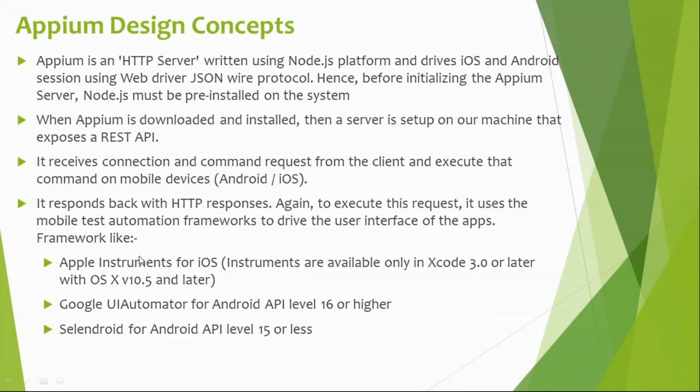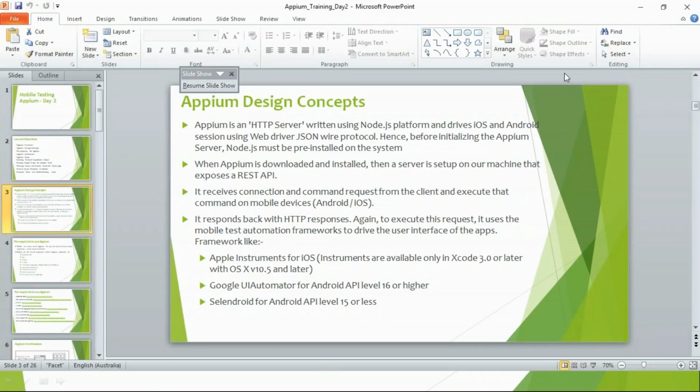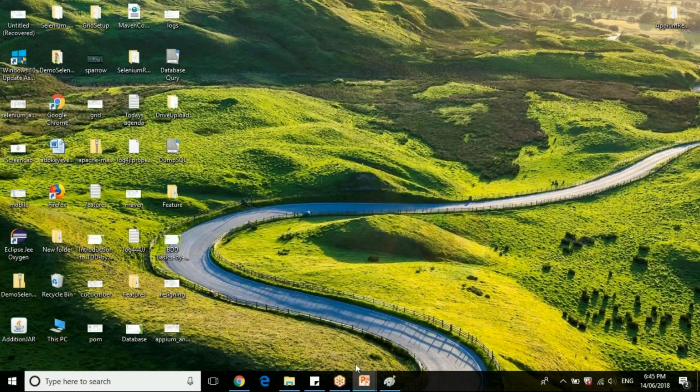So these are the design concepts we were discussing. It uses an HTTP tunnel to forward requests and responses, and for Android it uses UI automator for API level 16. When I say API level 16, in Android there are different levels.